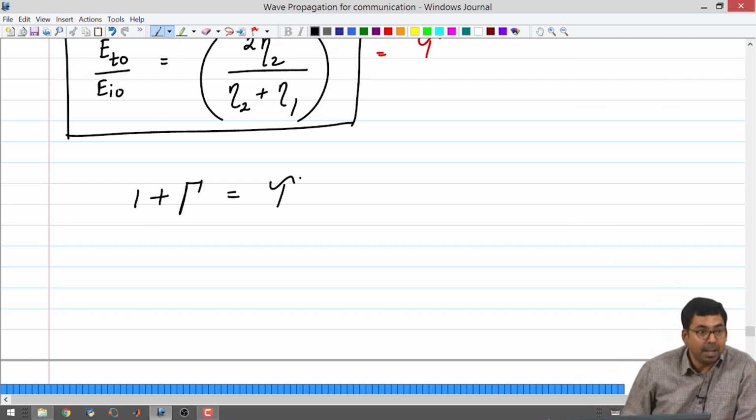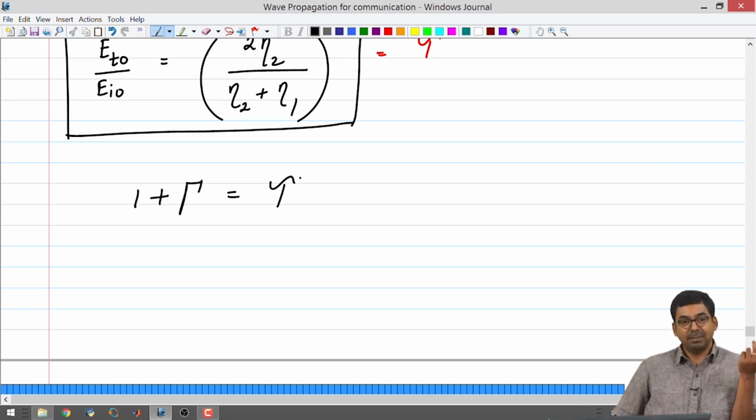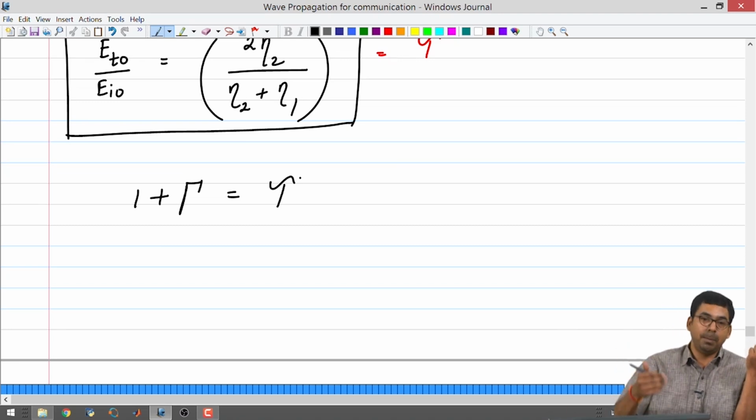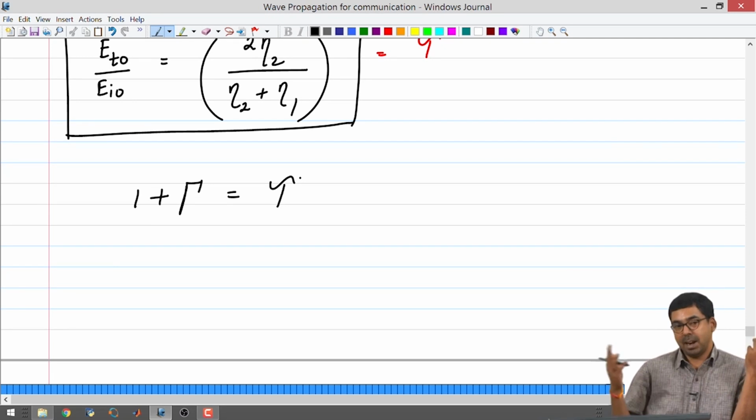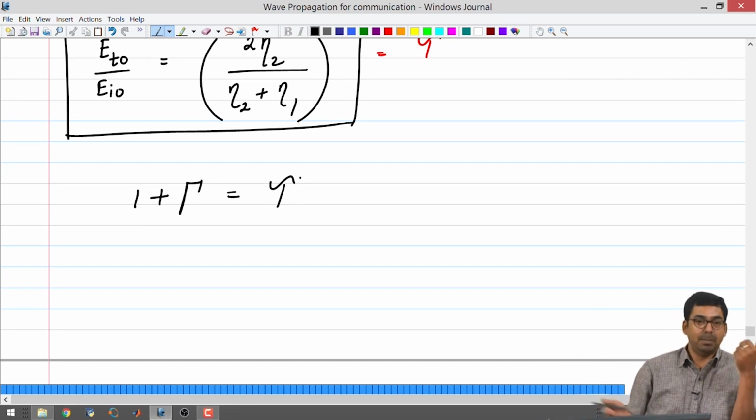Typically, gamma is complex, and 1 plus gamma, so obviously tau is also complex. We know from our transmission line that gamma is going to have a real and an imaginary part, which means that 1 plus a complex number is again a complex number. So, tau is also going to be a complex number.